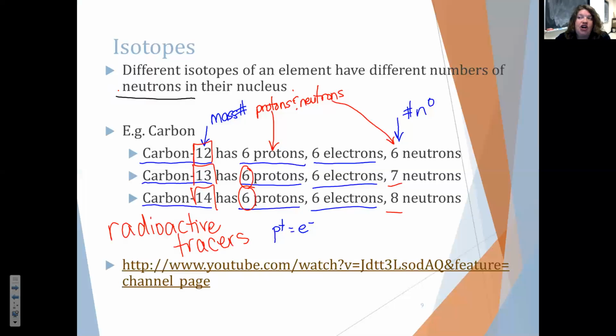There are lots of examples of radioactive tracers that we can use, that we can find where it goes in the body to help us understand how things are functioning inside the human body. So when you hear of radioactive tracers or radioactive isotopes, those are just versions of the element that vary based on the number of neutrons in their nucleus.